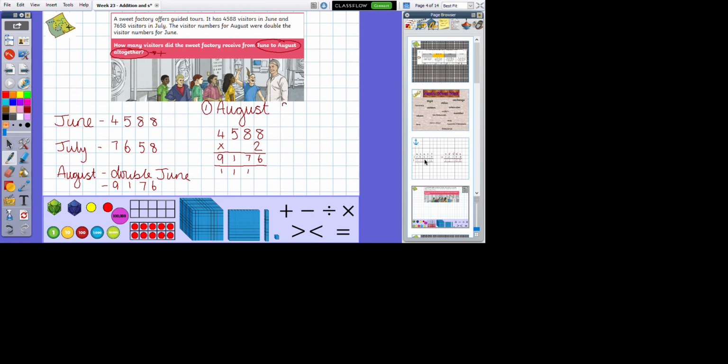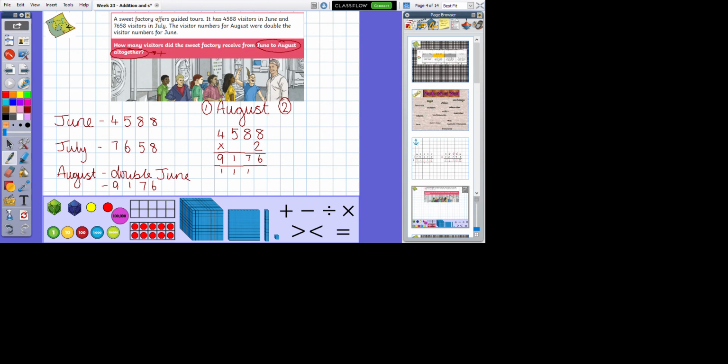Now let's have a look at step 2. So I know how many people came in June, I know how many people visited in July, and now I know how many people visited in August. So now I need to do the altogether part. So this is where I need to add my numbers. So you could add June and July and then add that total to August, or you could add all 3 together straight away in a larger column addition.